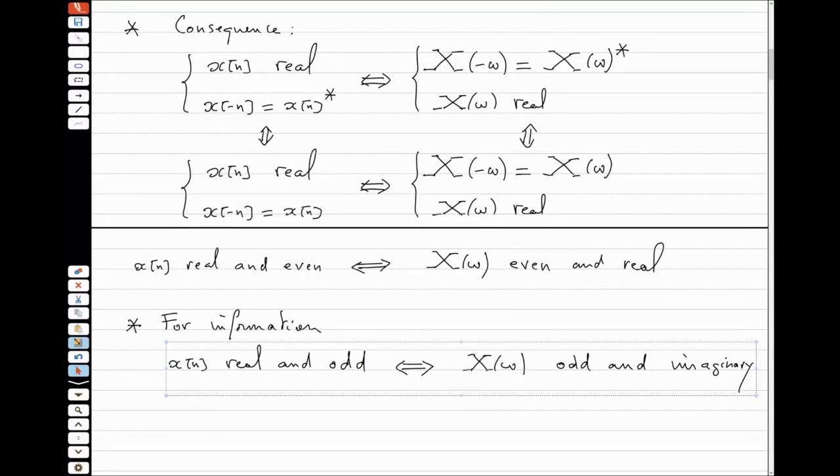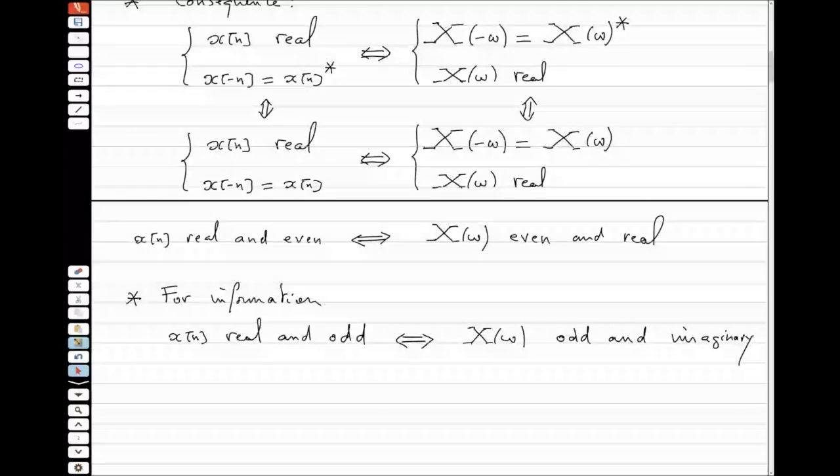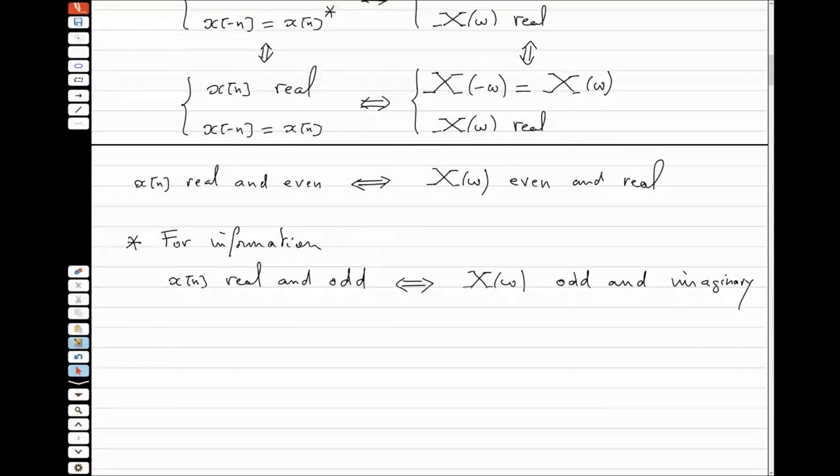The reason I'm showing that to you is that it could be that x of n is real, and not only is x of omega not real, but it's worse than that, it's purely imaginary. Just to emphasize that saying x of n real implies x of omega real can be completely wrong. All right. So this completes the properties of Fourier transform.